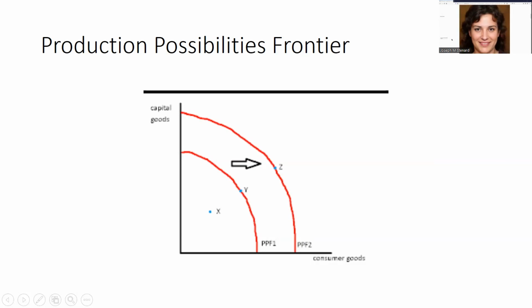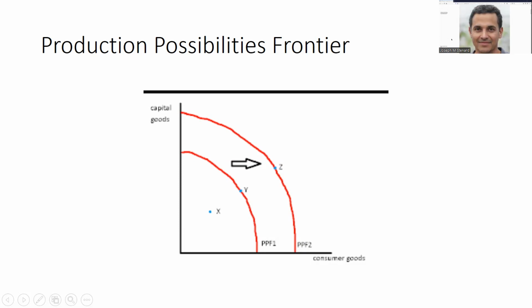However, years later, because of investments in capital goods and an increase in the factors of production, the country might be facing a larger, bigger possibilities frontier. They might be able to produce something in years hence that they weren't able to do originally.